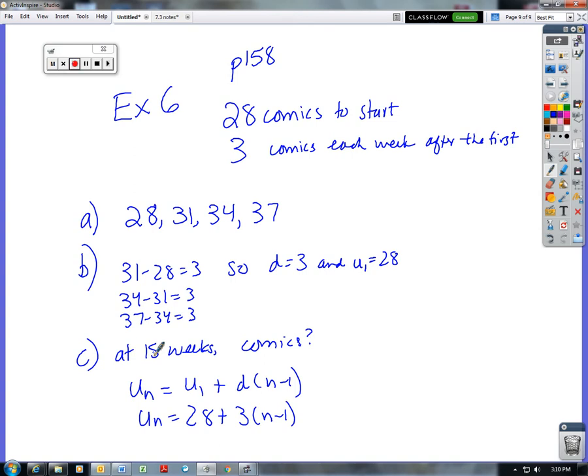Well, that's the count, so that's n. So then u sub n is 28 plus 3 times 15 minus 1. That's 14 times 3, which I have to do on my calculator. 14 times 3 is 42, plus 28 is 70. So at 15 weeks, they should have 70 comics total.